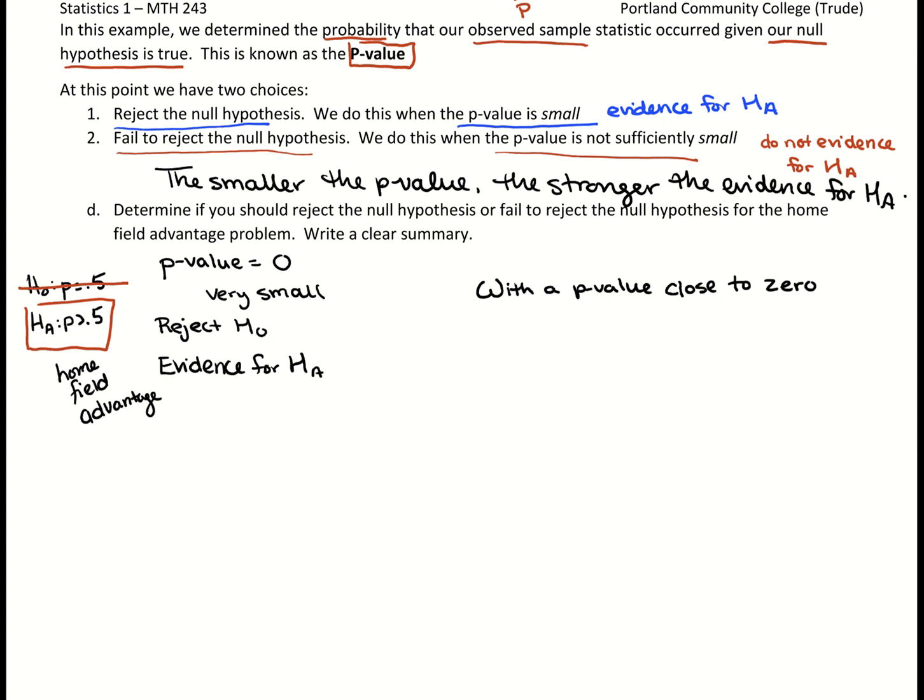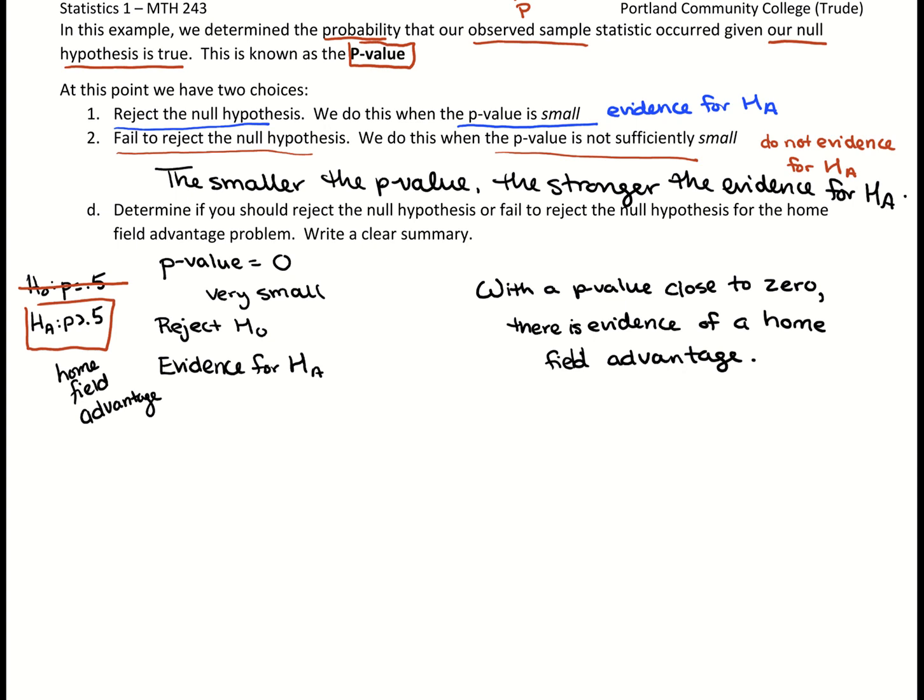I keep saying it has close to 0% chance of occurring. So it's close to 0, even though it's showing up as completely 0 on GeoGebra. And then what we would say is there is evidence for the alternative. There is evidence of a home field advantage. And that would be our conclusion.